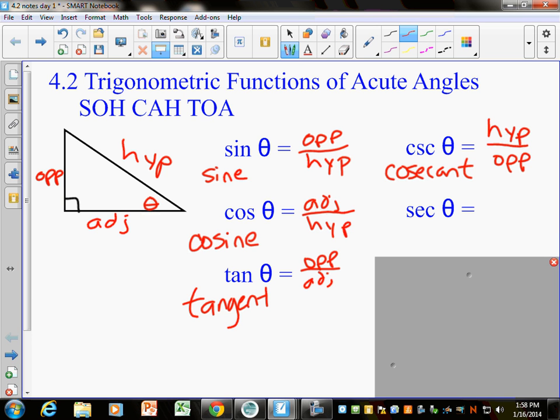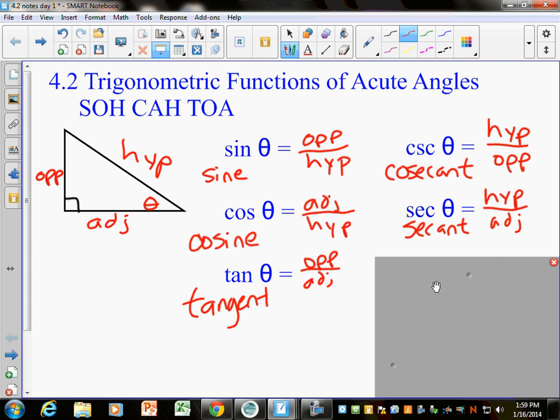And the reciprocal of cosine is secant. If cosine is adjacent over hypotenuse, then secant is hypotenuse over adjacent. And my whole life, I've remembered these as if somebody mislabeled them, because I always thought that cosine should go with cosecant because they both start with co, but they don't.